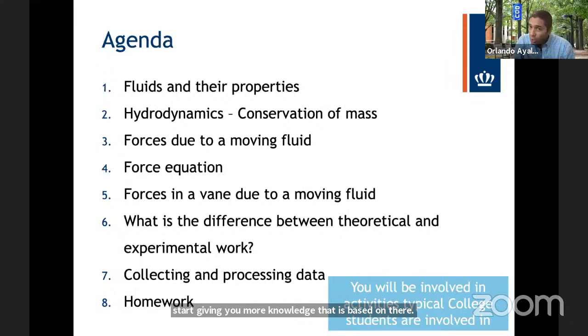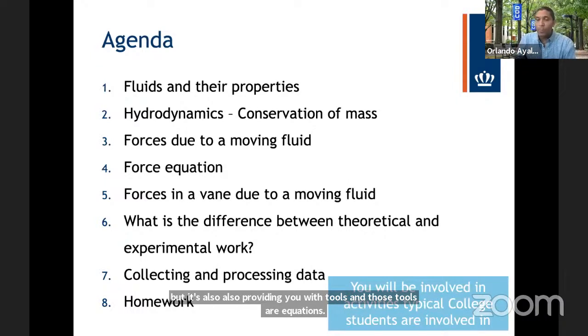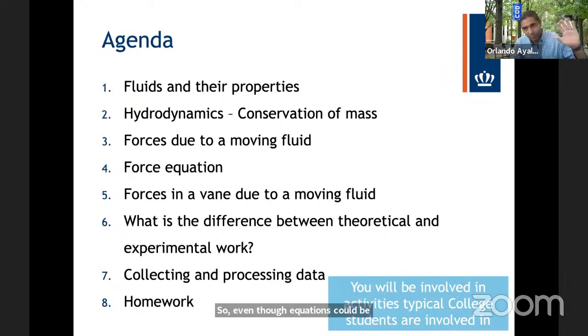When I say knowledge, it's not only the physical interpretation of what's going on in a fluid, but also providing you with tools, and those tools are equations. Even though equations could be boring at times, equations are fundamentals. Those are tools, so we need those tools. So not only am I going to teach you the fundamentals, the physical phenomena of what's going on and why things occur, but also the equations that represent the physical phenomena.